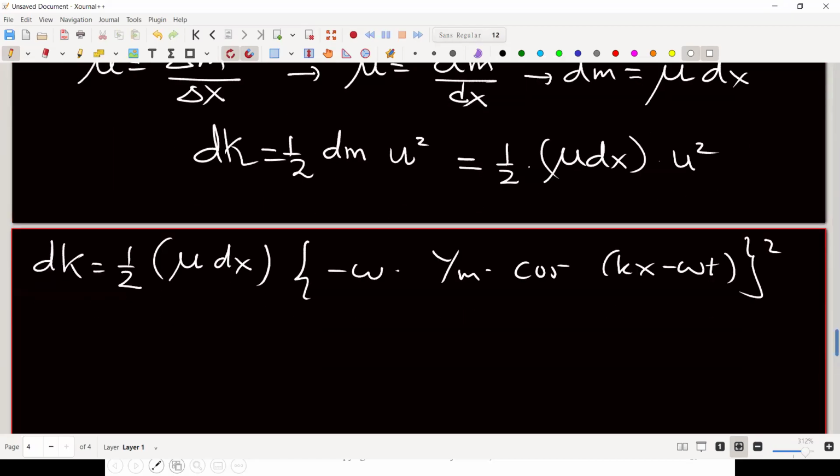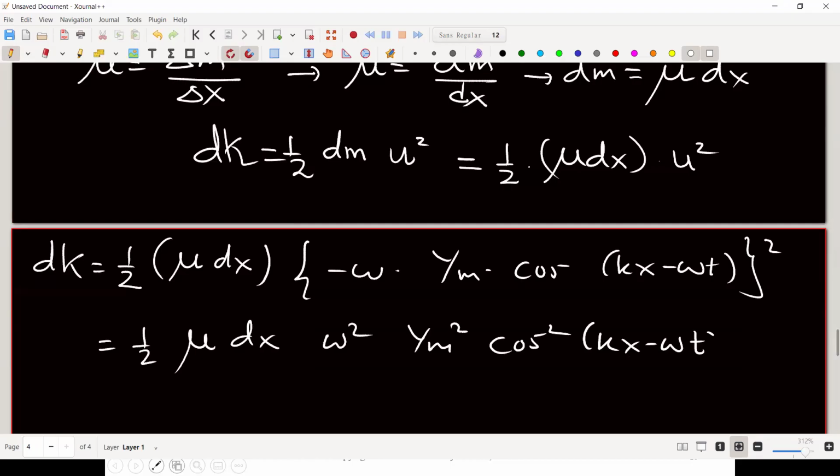Okay. So we will get half mu dx, this one is omega squared ym squared, and then cos squared(kx minus omega t).